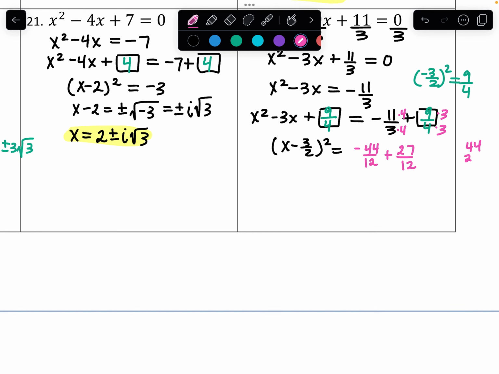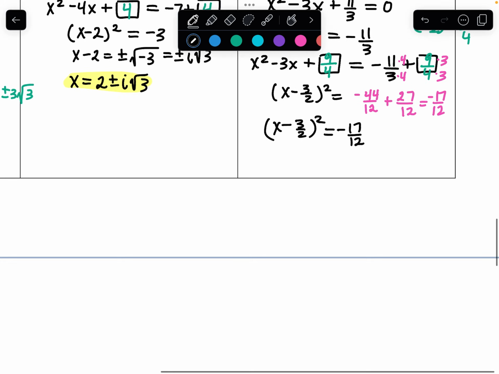And then we've got to figure out 44 minus 27. It's going to give us -17/12. Okay, and so I'm going to rewrite that down here. (x - 3/2)^2 = -17/12.